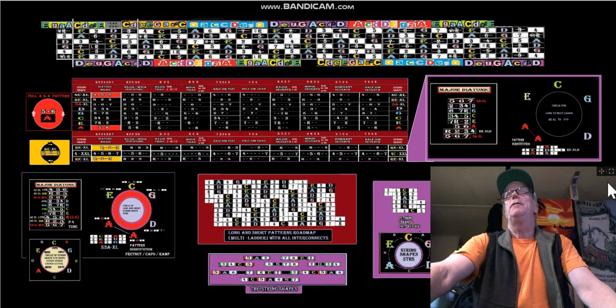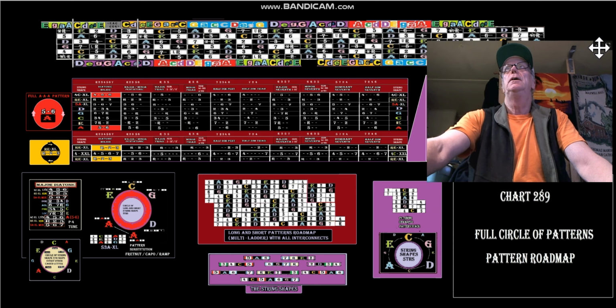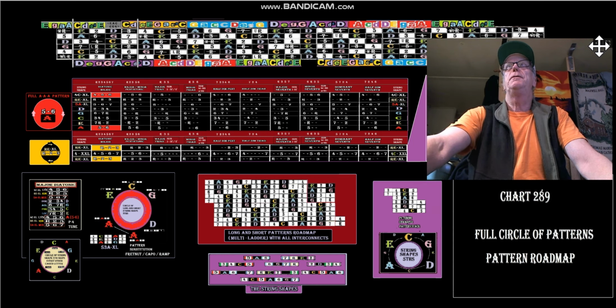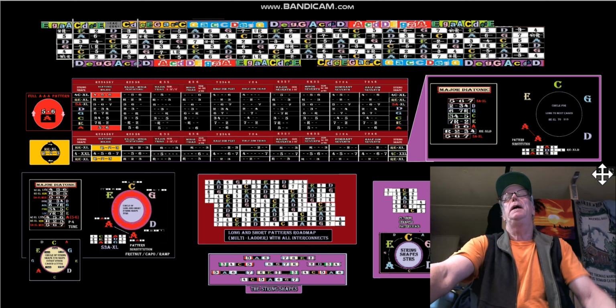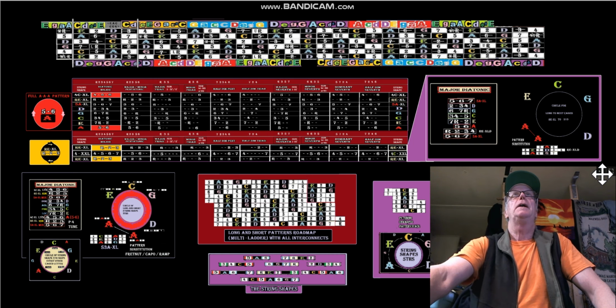So here we're looking at chart 289, full circle of patterns, pattern roadmap. We were talking about this last time, and so how far did we get? It took us a while in the lesson to get to the roadmap.